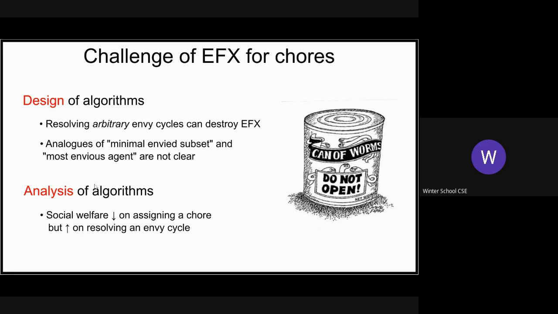So the NV cycle resolution steps and the item allocation steps are working in opposite directions. One improves the objective, the other makes it worse. This did not happen with goods. When you assign a good to somebody, the overall happiness increases. When you resolve an NV cycle, the overall happiness increases. These two things work together, and that's why you were able to make some potential arguments. But with chores, it's more difficult because you can go up and down, and it's not clear how to manage that.